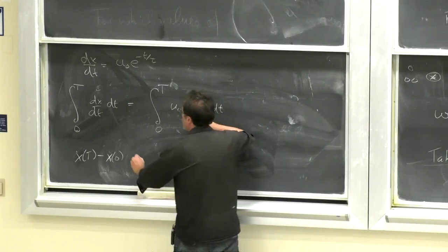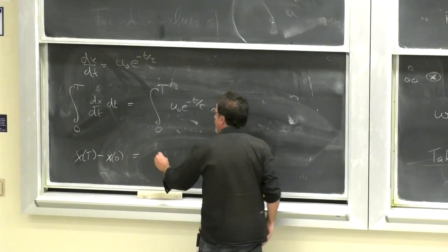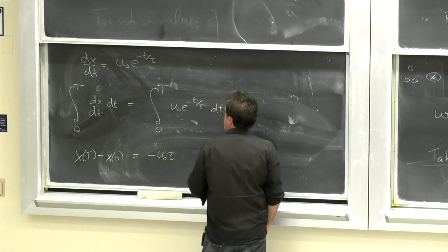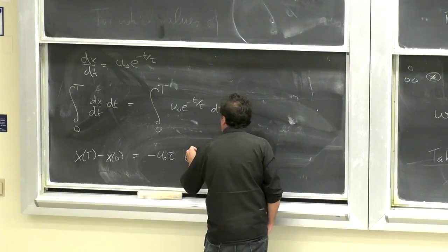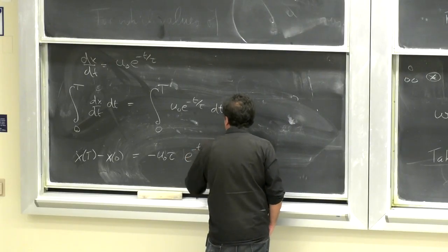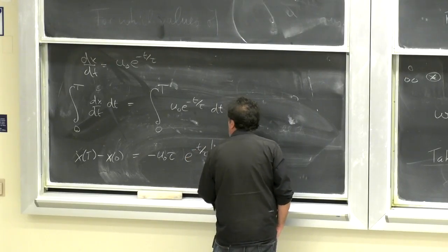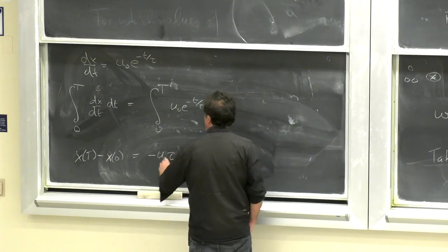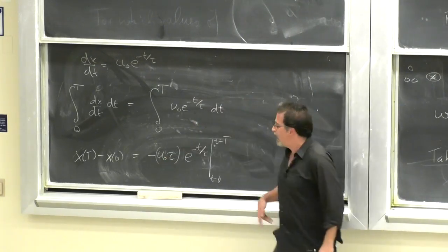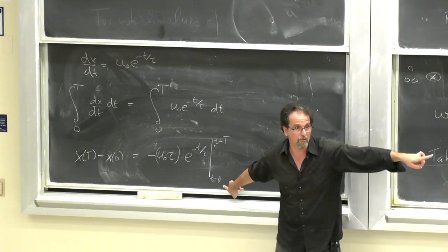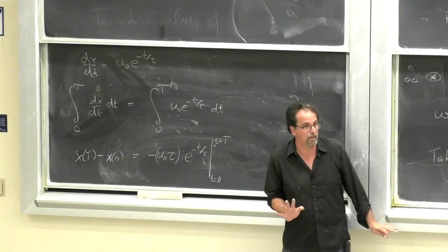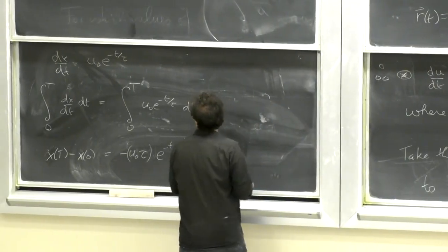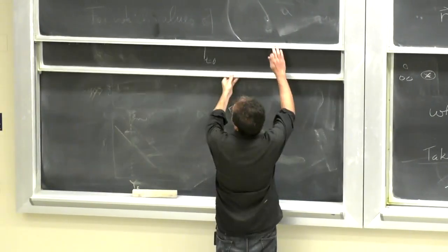This I actually have to do with this function, and I'm left with negative u0 times tau times this function, e to the minus t over tau, evaluated at t equals 0, the lower bound, and t equals capital T, which is the upper bound. That's what we're doing. I forgot the t equals 0 in that one over there. And that's important. It's super, super important. So I've got to get that. Okay? So I'm going to bring that up and continue it over here.